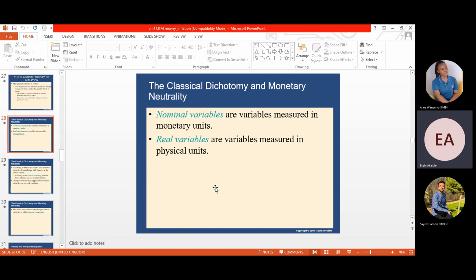And now with this 100 Turkish lira you can only buy 10 Turkish breads, which means this bread has become 100% more expensive. And this is inflation. When you do this comparison between last year and the current year, this is the real variables comparison. This is the purchasing power parity of the real variables, which gives you a reasonable understanding of the currency you are holding in your hands.